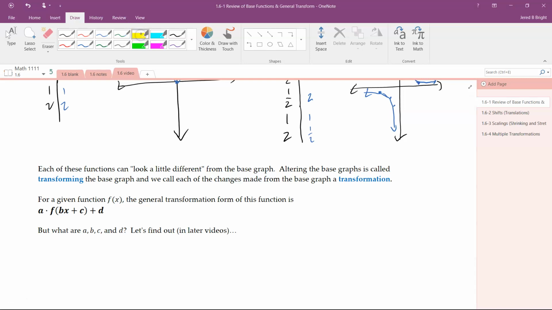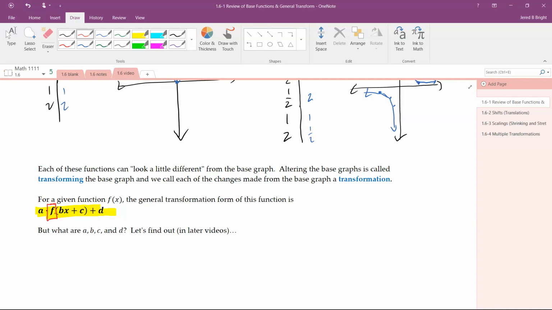Generally speaking, the number of transformations we can do to a function is limited according to this general transformation model. Remember, f here is your function, and you can change the input in 2 different ways, and you can change the output after you've found the y value. So we just need to figure out what a, b, c, and d do, and that's really the focus of our videos in this section.